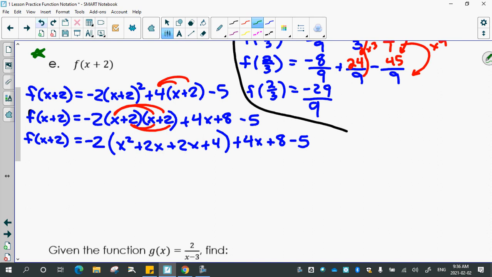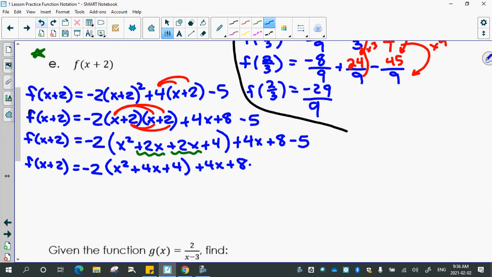Then a lot of people, next, they like to simplify inside the bracket by collecting those like terms there. So 2x plus 2x is 4x. And now finally you can do the distributive property here and multiply that -2 by each term inside the bracket.